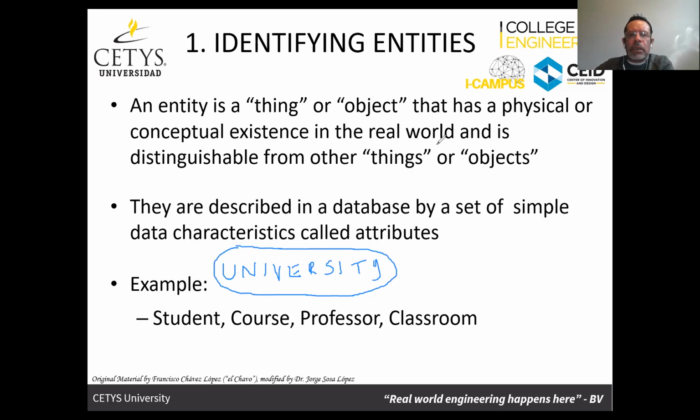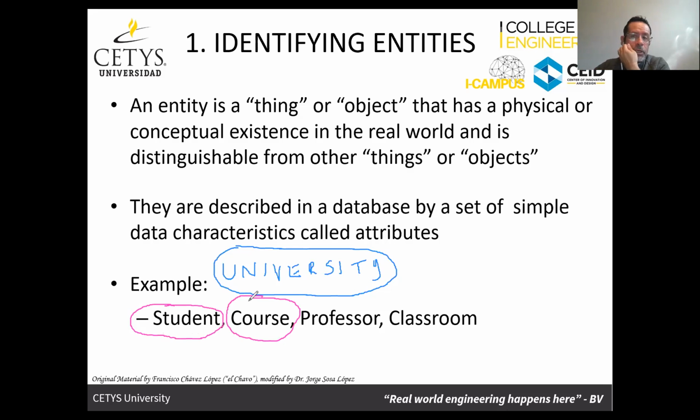Well, a student is an entity, or students are entities. Why? Because students take classes. You agree with that? A course is an entity because a class is represented by a course. You take data analysis and organization.